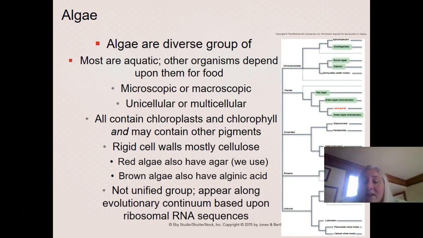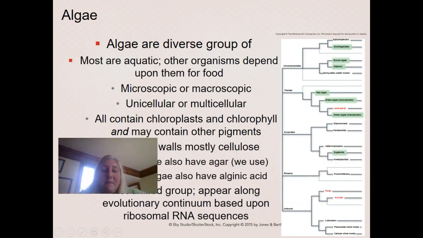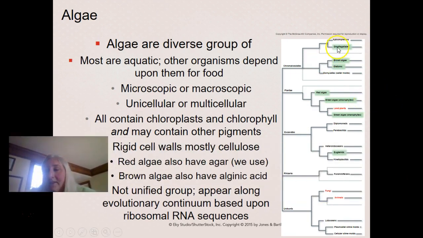So algae are a very unique group. If you look over here, you can see the different areas where algae fall under. Some algae are closely related to plants. Here we have the plants, and then we have these red algae and green algae. There are your land plants, and then there's another form of green algae.